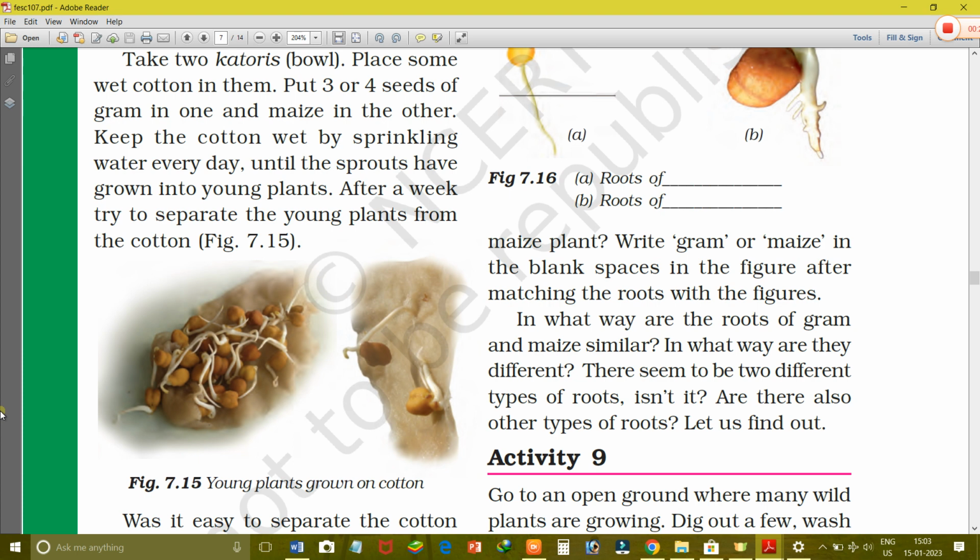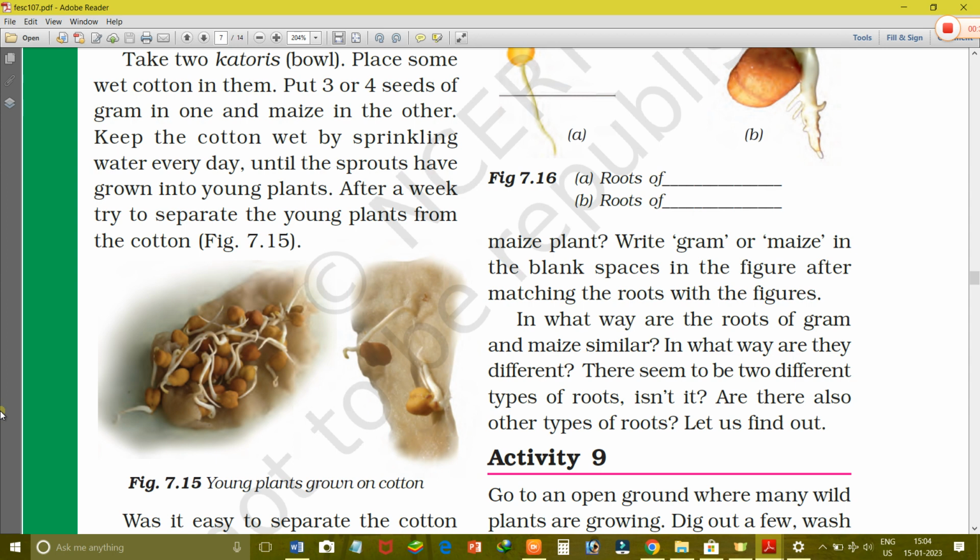After matching the roots with the figure, in what way are the roots of gram and maize similar? In what way are they different? They seem to be two different types of roots, is it not?